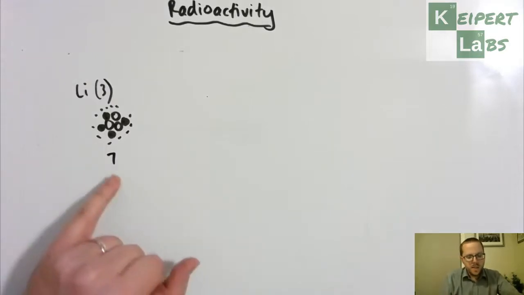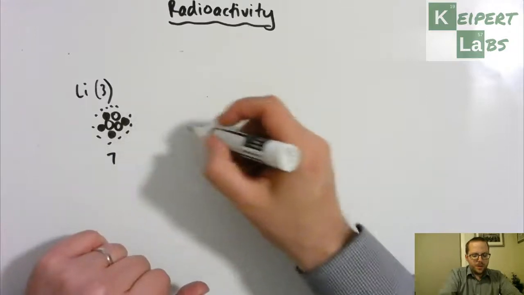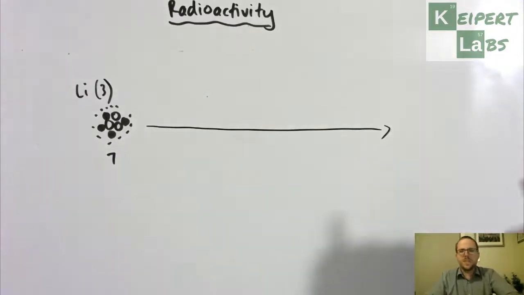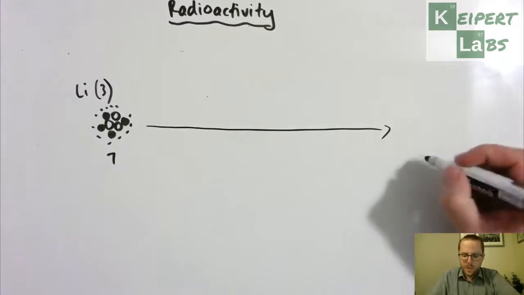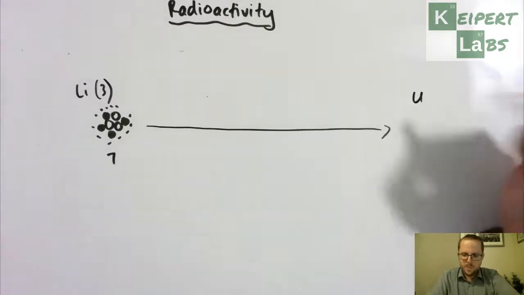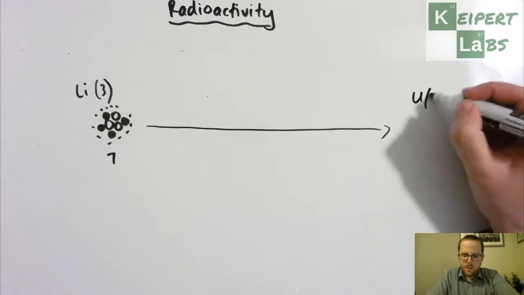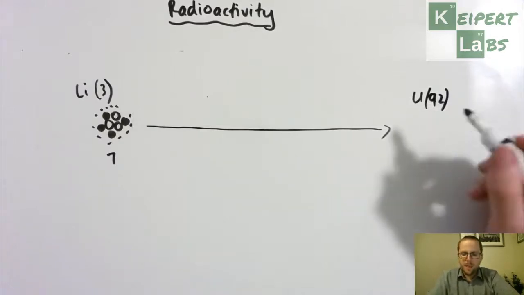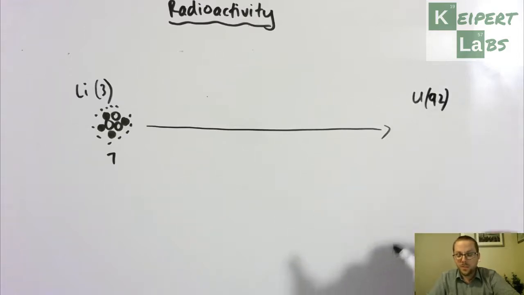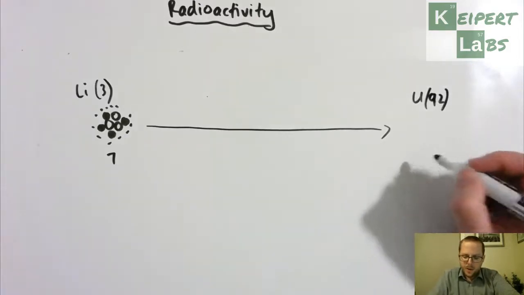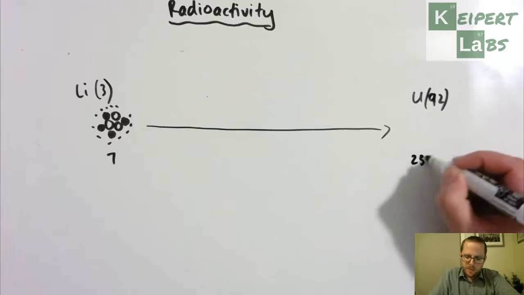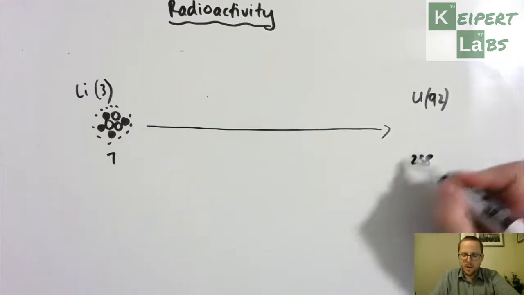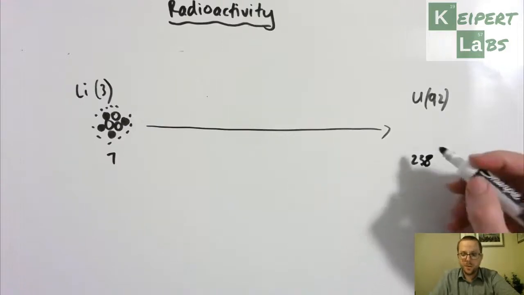Then as we go further and further up, towards uranium, the heaviest naturally occurring element, it has an atomic number of 92, and a mass in its nucleus of 238.